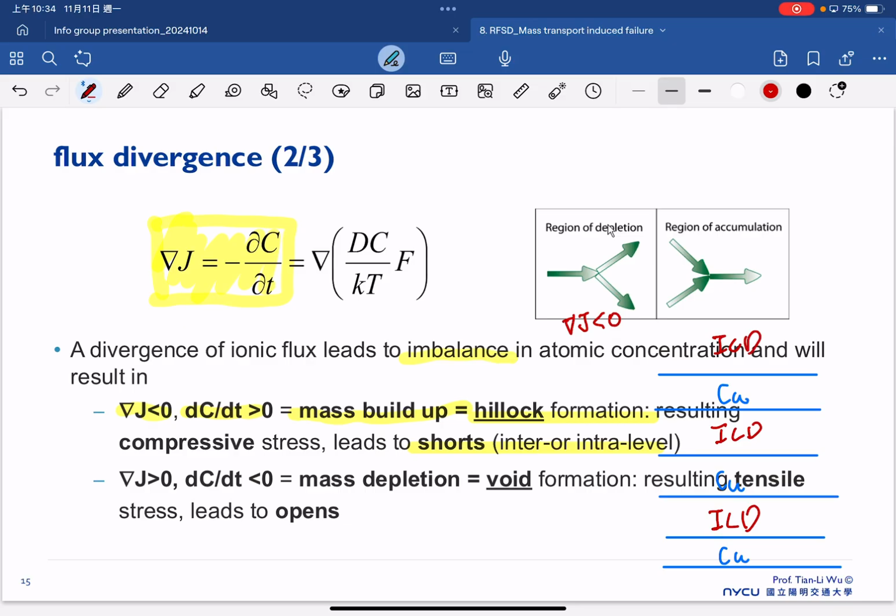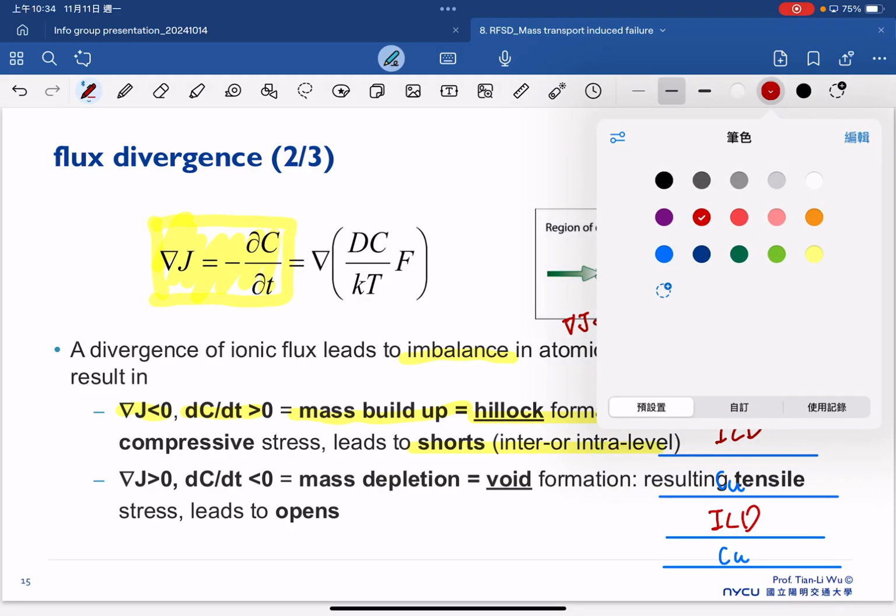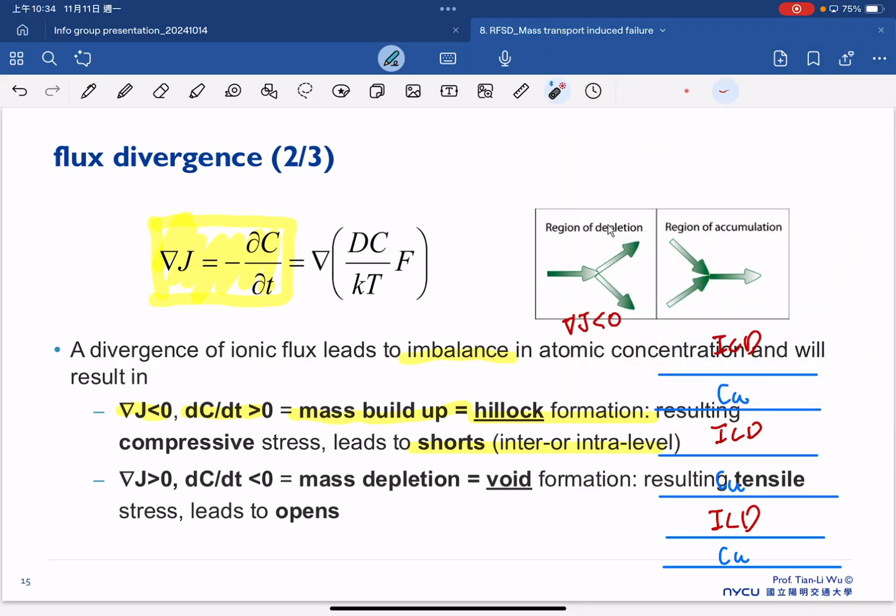So imagine if you have the hillock accumulation on the left hand side. That means your interconnection line doesn't just look like this. You start to see the hillock formation, so your interconnection line is actually expanding in thickness because you have more atom accumulation in this region. But that's only the case of one single interconnection line. Now imagine these things not only happen in this region, but also happen in this region. Then what will happen?